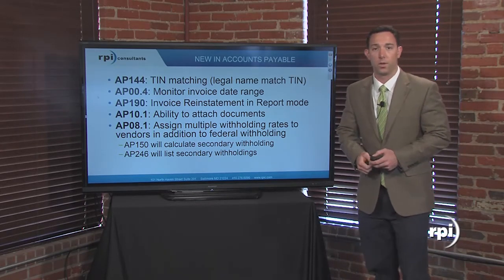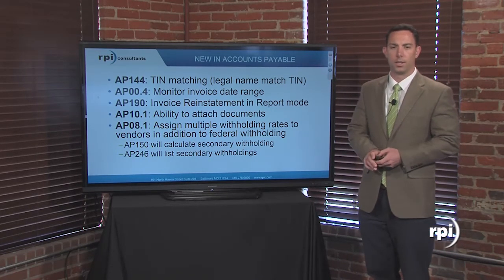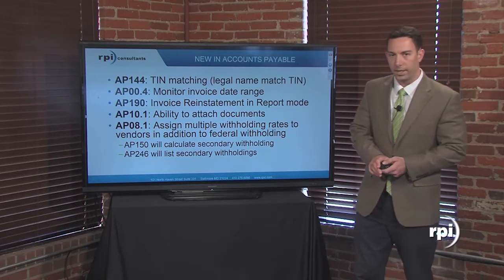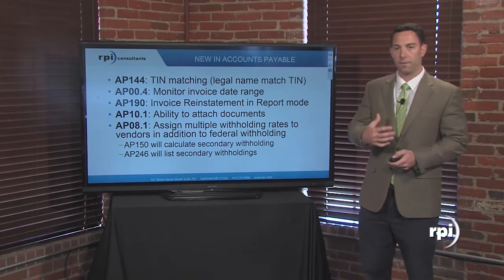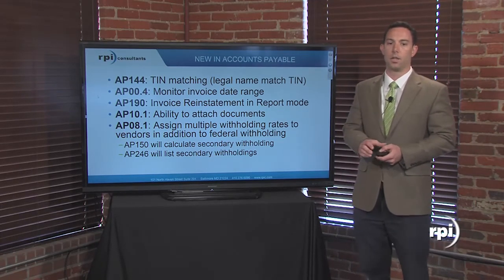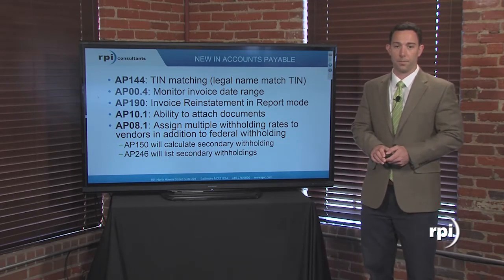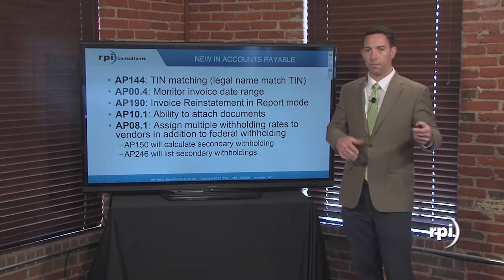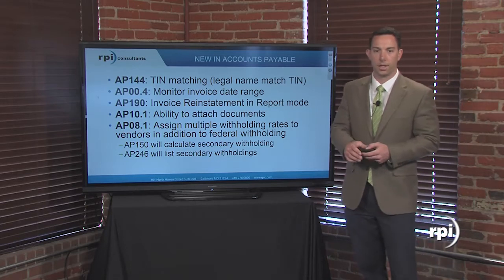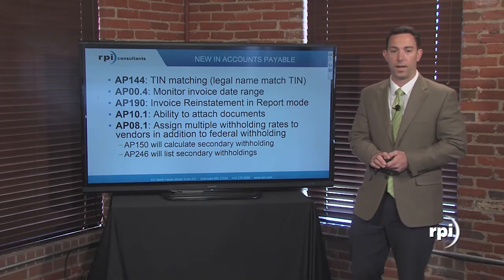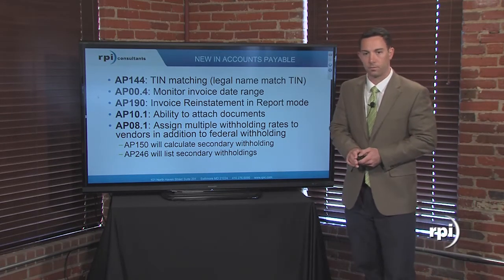So there's a brand new job or report, the TIN matching, the tax identification notification report, that will create a file that you can send to the IRS to validate that the vendor's TIN number is accurate. So you add a vendor, you run this report, creates a file that you can send to the vendor or send to the IRS to validate that it's a correct TIN number.